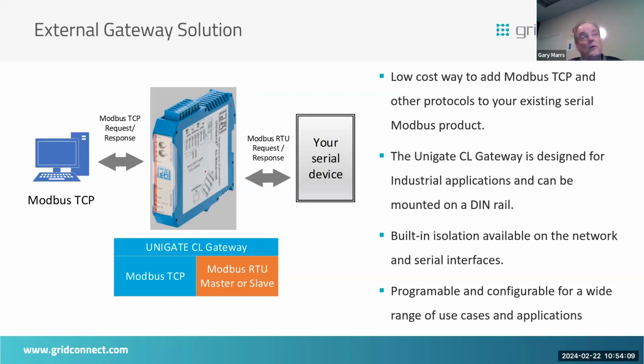It can operate in bridging or scanning mode. There's a lot of customization through a scripting language that they have. There's a universal script if you want to use straight functionality, but it can be customized with the script, and you can write the script, or actually Deutschmann will write the script for you. Has a lot of isolation for industrial networks, and it's DIN rail mountable. So it's a very powerful gateway for Modbus applications.